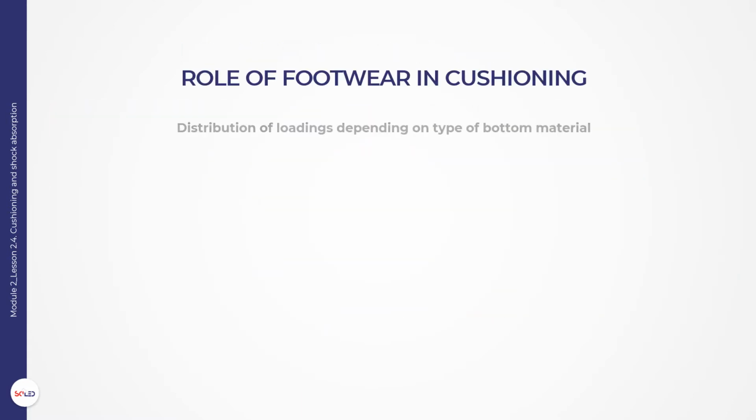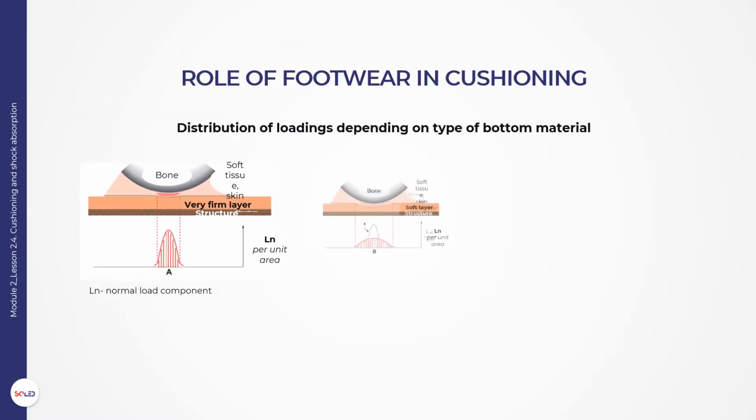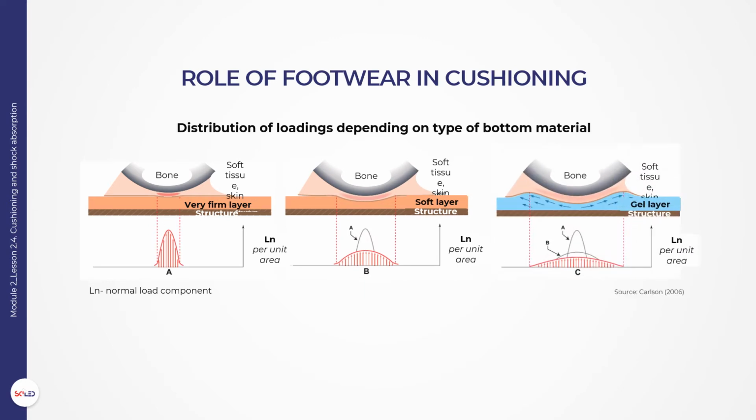The most important features of bottom assembly are shape, material and its thickness. A properly chosen material could increase the capacity to absorb energy during loading and it could decrease the peak pressure about 12%, comparing to a rigid material. According to Carlson J.M., 2006, in case of rigid materials, having a very firm layer, Figure 6, Case A, the distribution of the load is limited and the normal load per unit area is high.